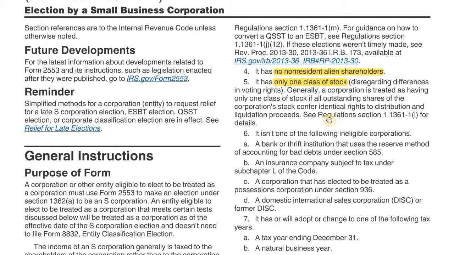If you've got 3 owners and it's 30, 30, and 40, everything's got to be split according to those percentages. You can't specially allocate certain types of income or cash distributions that are disproportionate to their ownership percentage. And in a lot of cases, that's a real issue.